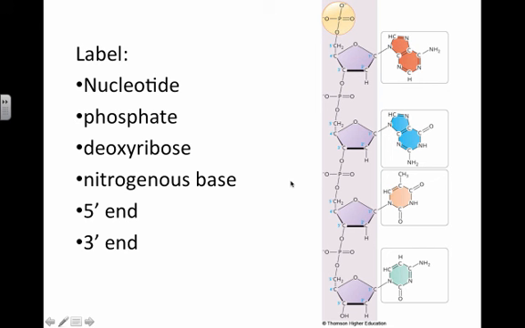So that wasn't even enough, though. It wasn't until Watson and Crick discovered the structure, or figured out the structure of DNA, that people really bought that DNA was the genetic material.